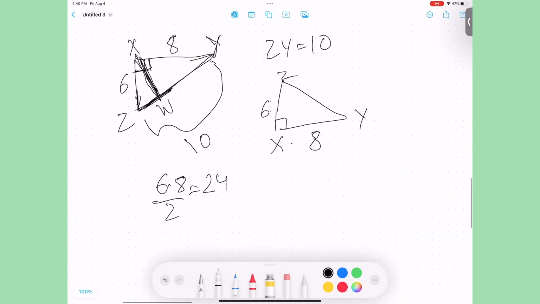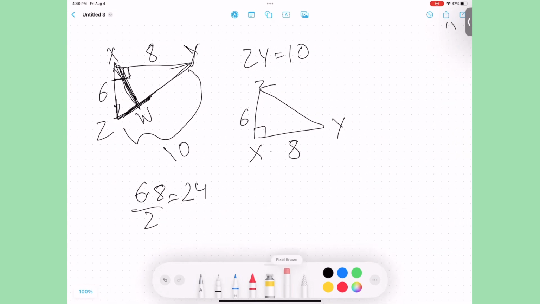And now here's the other part. Now we draw another altitude to ZY, and now it has ZY as the base. ZY was given to be 10. So we have to find the length of this altitude.